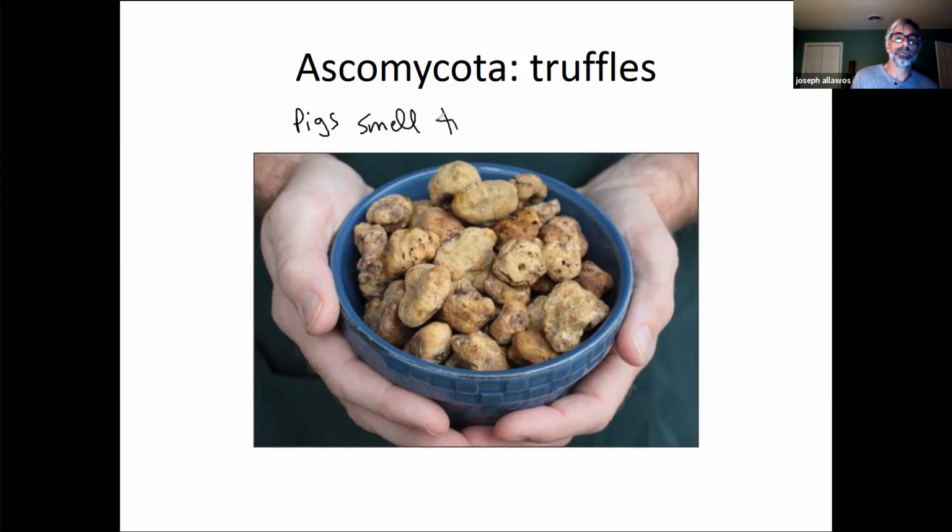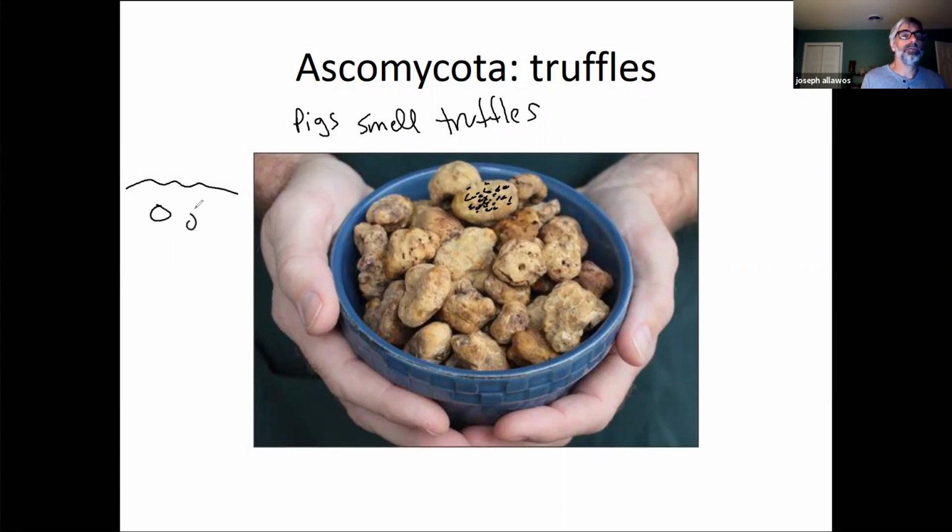You could imagine leading pigs through the woods to smell truffles. It was quickly learned that pigs, for some reason, had an affinity to these fruiting bodies. The thing about the truffle is that what you're looking at here are full of spores. They're called sclerotia, and they're fruiting bodies full of spores, except that normally you would expect the spore-producing structure to break through the earth and be above the ground.